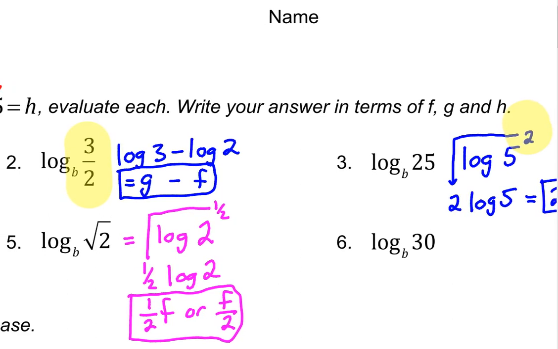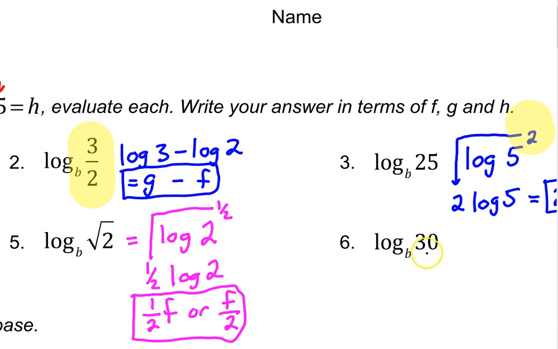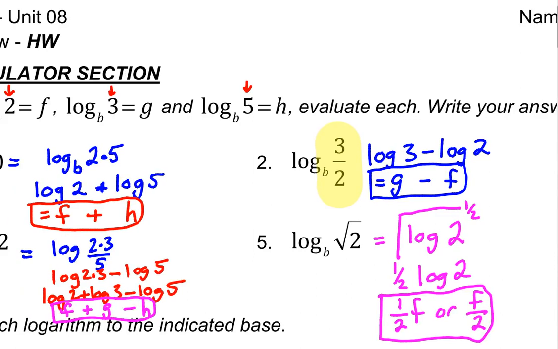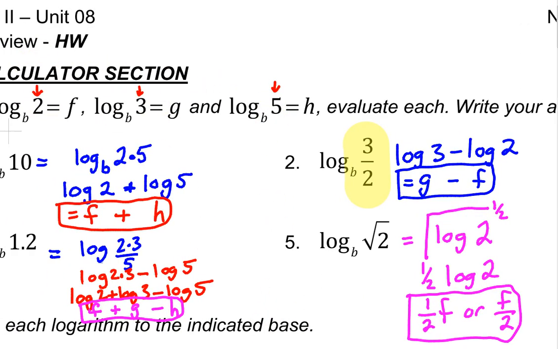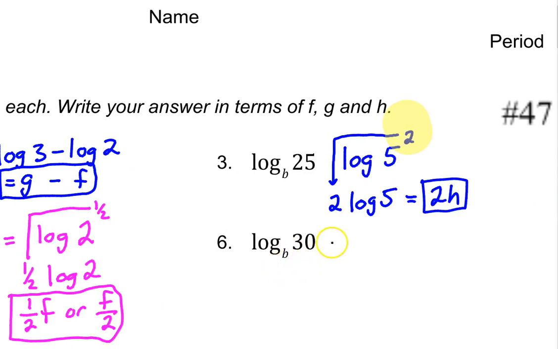And to finish up here, we have log of 30. So we can rewrite 30 by using these numbers. Let's see here. 30 is going to be, let's see, 6 times 5. Start there. That's 30. But then 6 you can rewrite as 2 times 3.